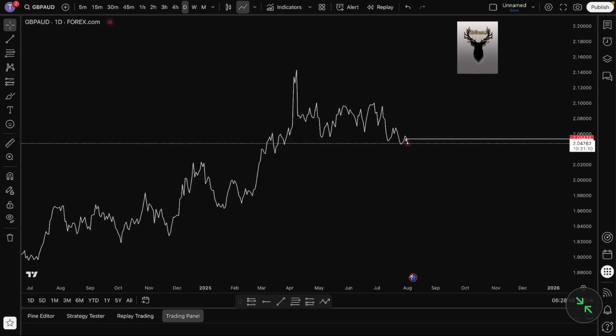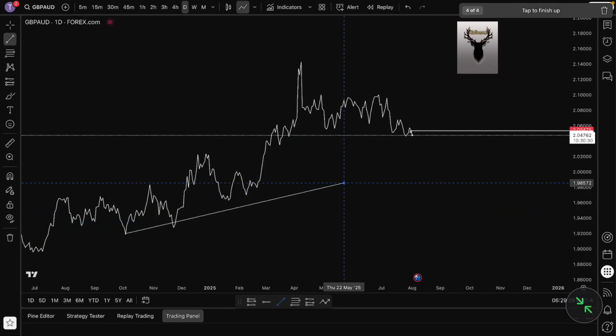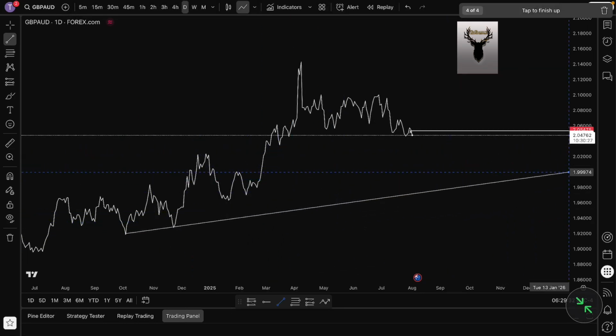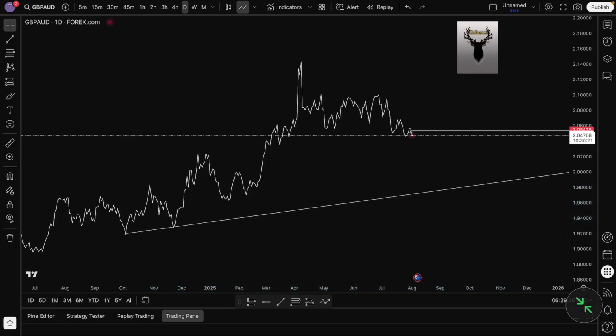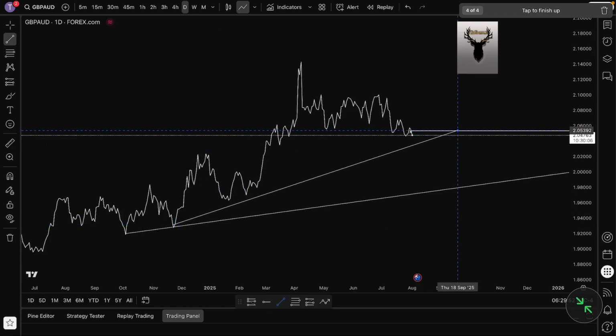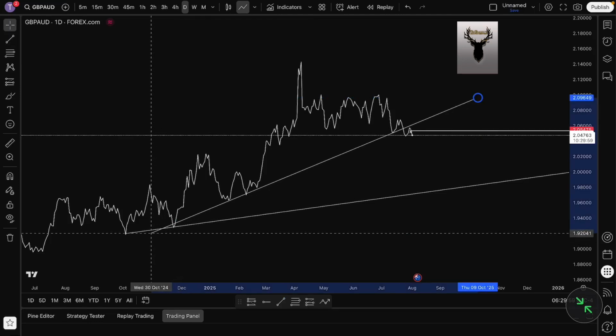When you go to your line charts, you connect from the swing low. Let's see these two first. That is very far from where the market is right now, so you can also use the second point and connect it with the other one to see what the market is doing.